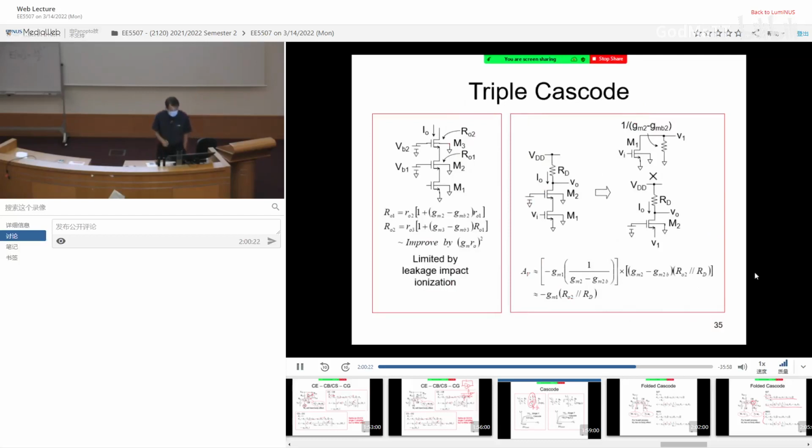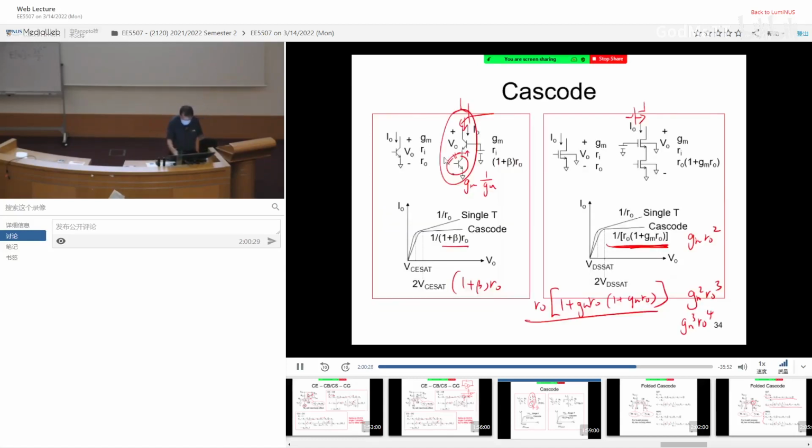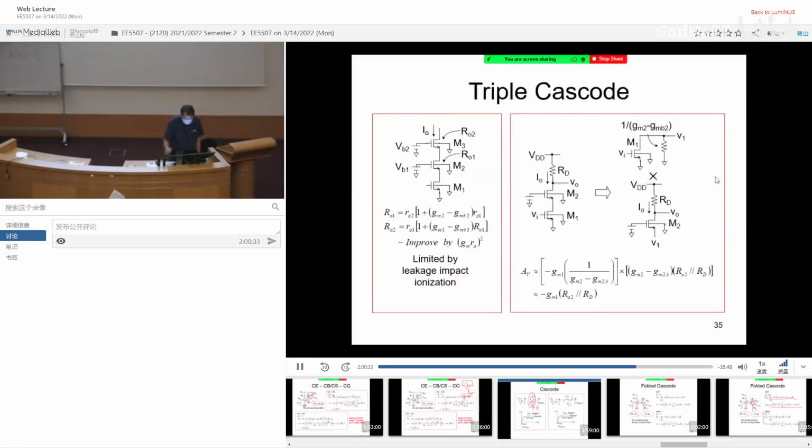So there is the triple cascode as highlighted over here. Just now we see that for 2, it only improved by gm R0 squared. But with 3, you are going to improve by gm R0 squared multiplied by another gm R0. So overall you have R0 improved by gm R0, the whole thing squared.